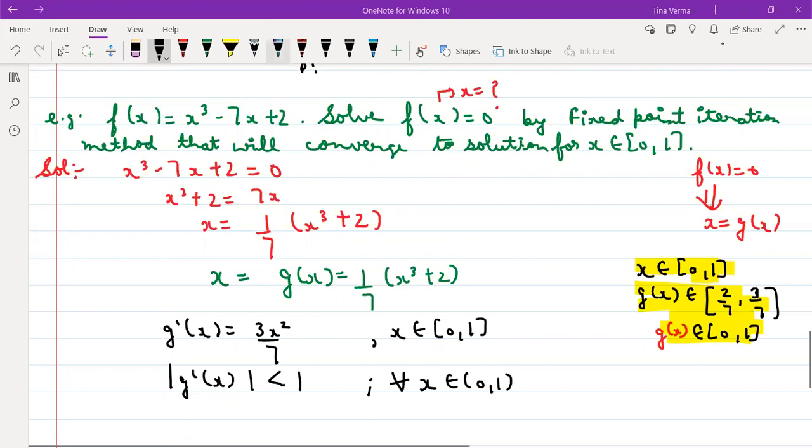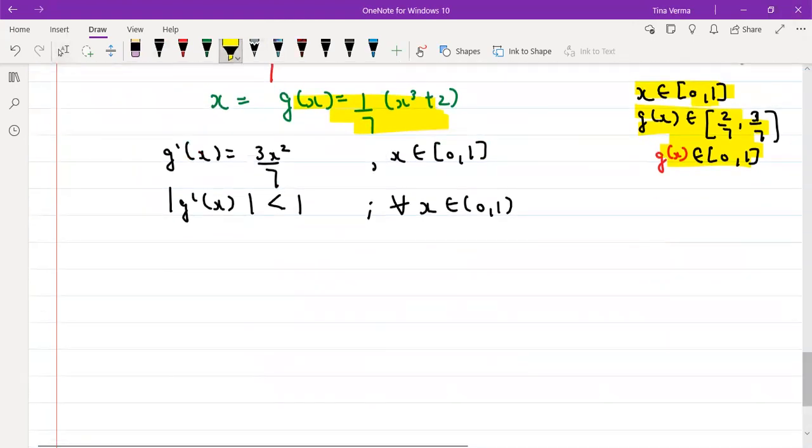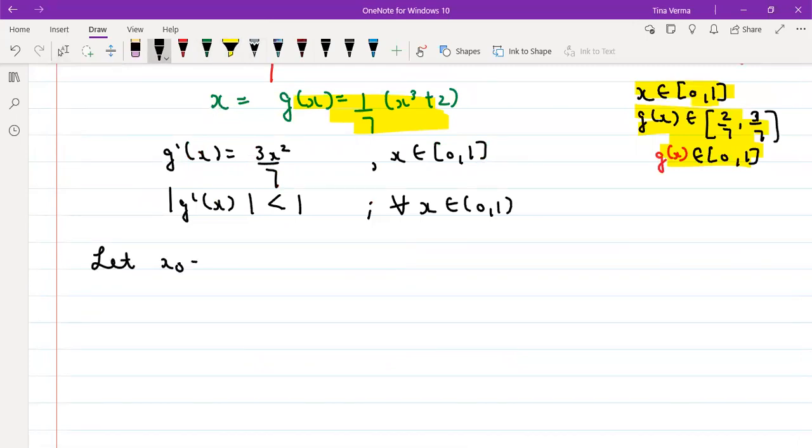That means the g(x) which I have considered here will converge for any initial approximation, for sure, right? So you can even start from any approximation. Suppose I am taking any approximation x naught in the interval 0 to 1, say 0.5. Then how did we find x1? I have to substitute in g: x naught, that means 1 by 7 times (0.5 cube plus 2).